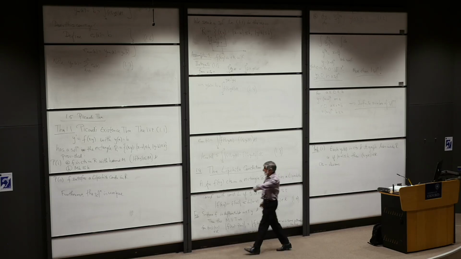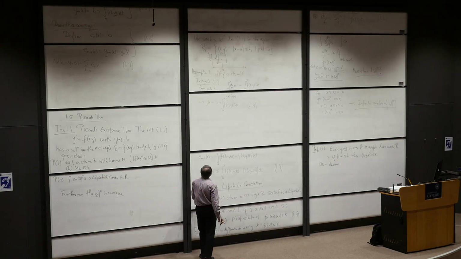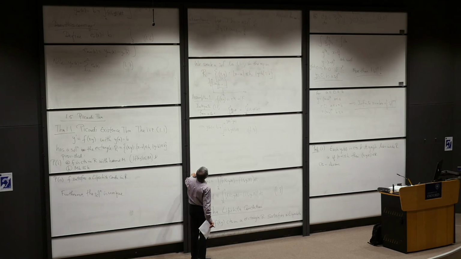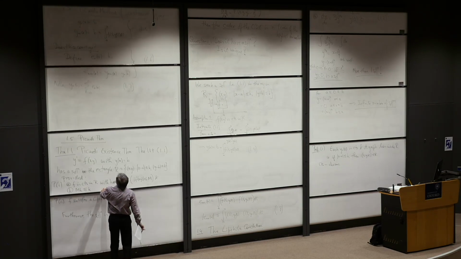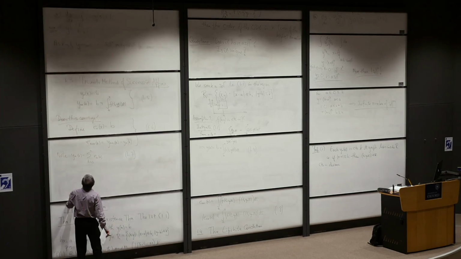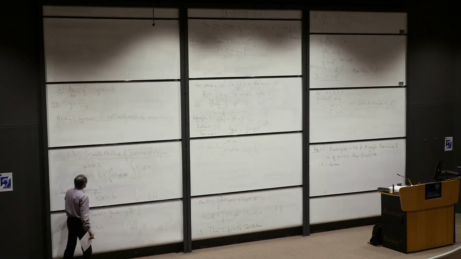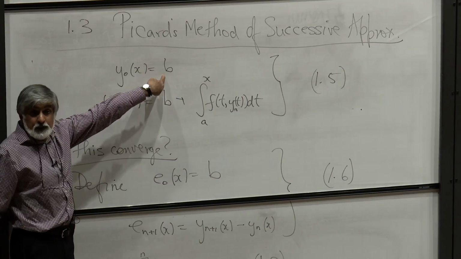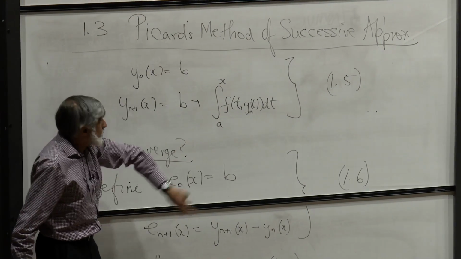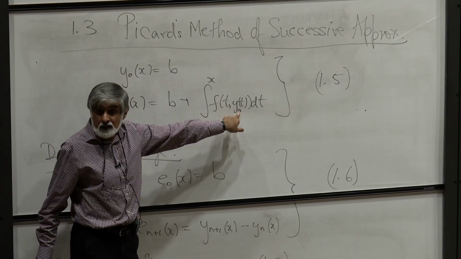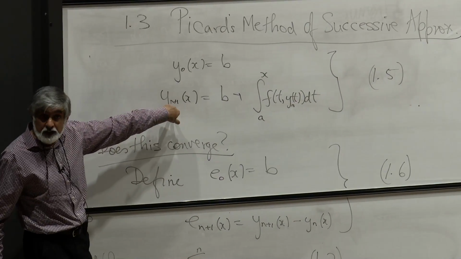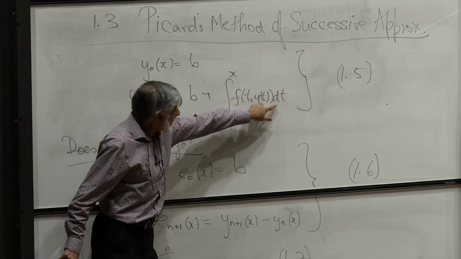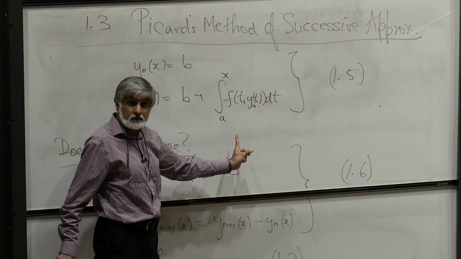Why is that obvious? Well, how do we define the iterates? If we assume yn is continuous, then yn plus 1 is continuous because f is continuous.